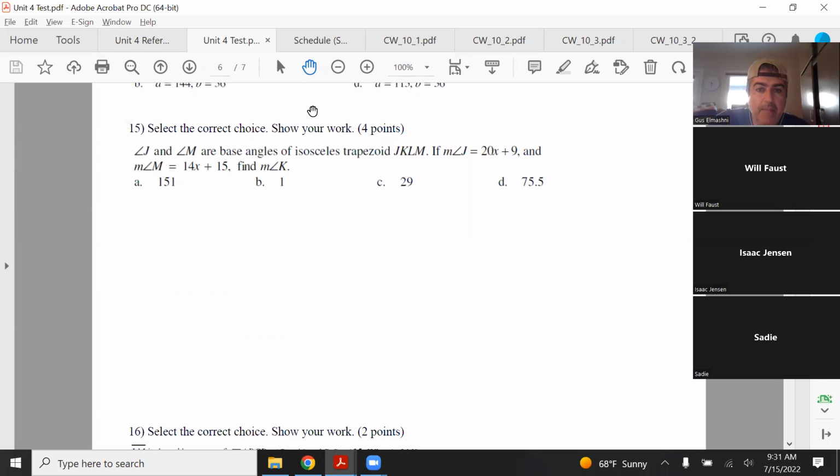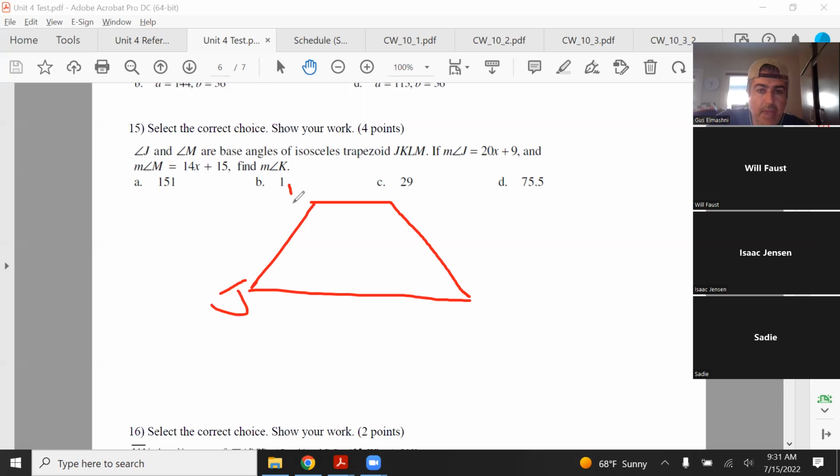For 15, now, you have an isosceles trapezoid, you have angles J and M. Those are your base angles. They have to equal each other. Here's J, K, L, M. J is 20x plus 9.